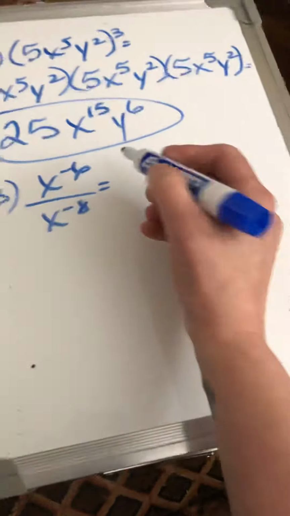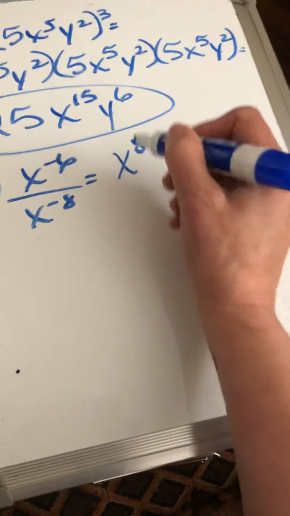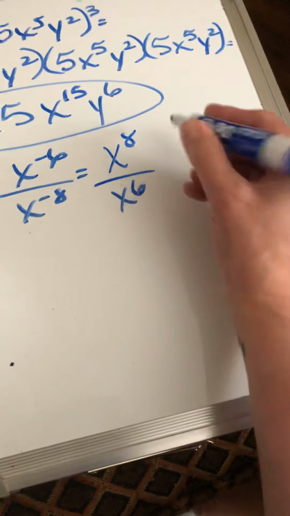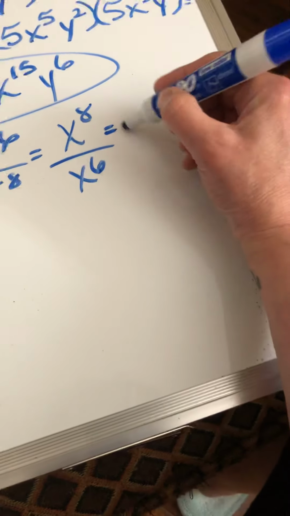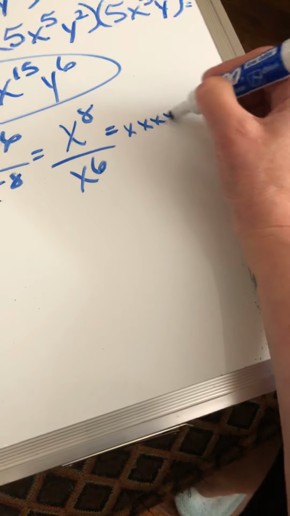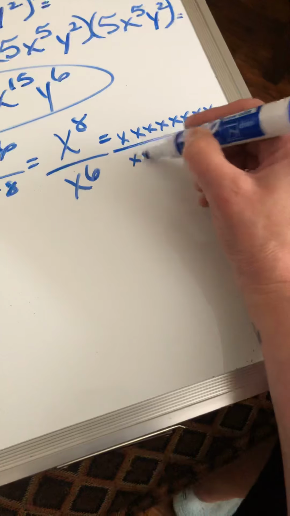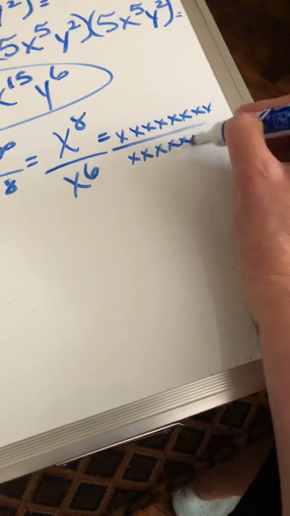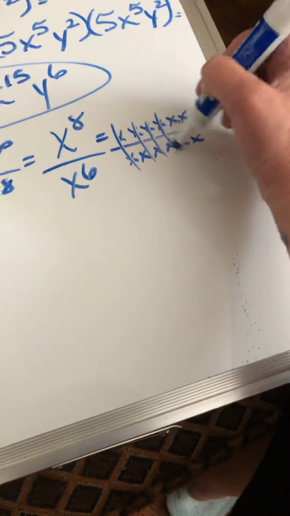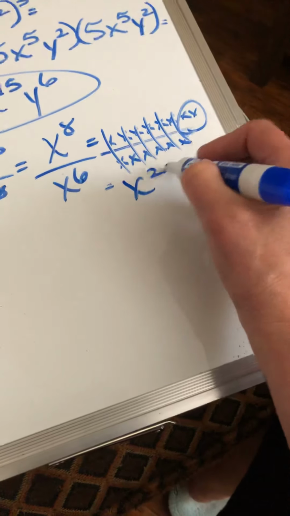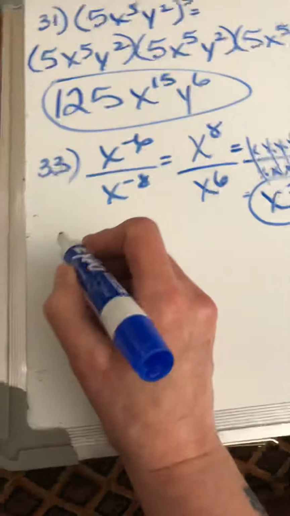It's a reciprocal. So this is really x to the 8th over x to the 6th, which is really this. We did this before. 3, 4, 5, 6, 7, 8. 1, 2, 3, 4, 5, 6. It's a 1, 1, 1, 1, 1, 1. I'm left with 2 x's. X squared is your solution, 35.